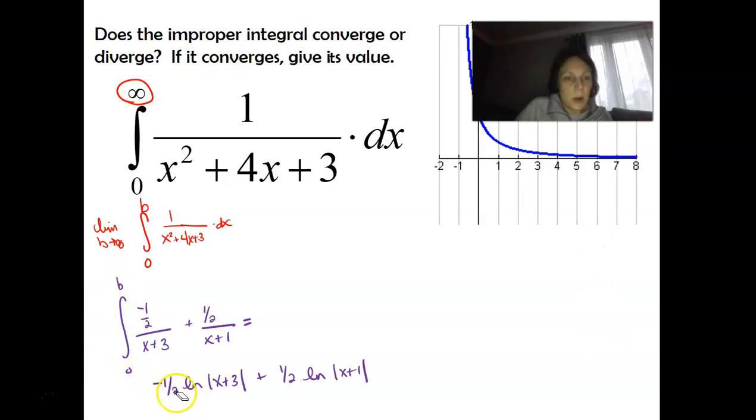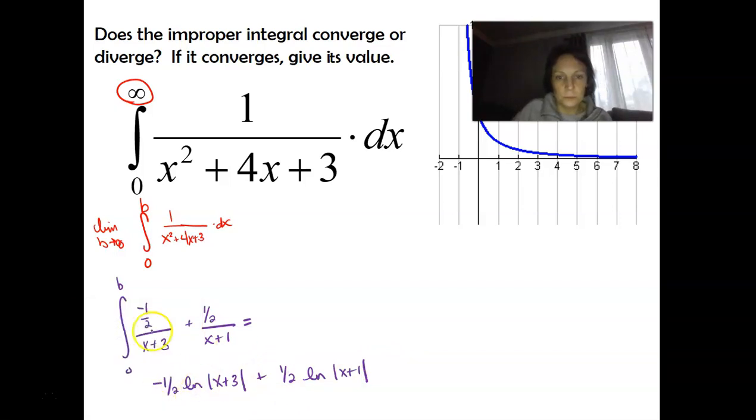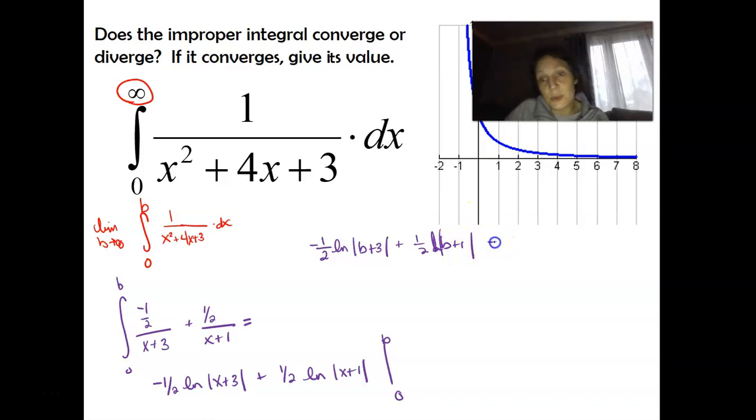All right, so when I evaluate from 0 to b, I plug in my b. So I have -1/2 ln of b plus 3 plus 1/2 ln of b plus 1. And then I'm subtracting when I put in a 0, right?